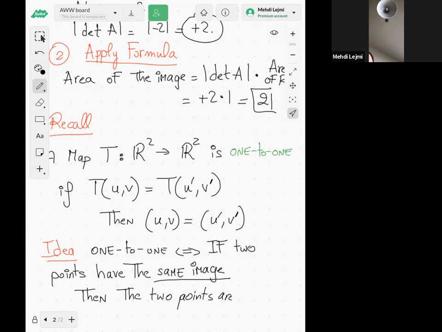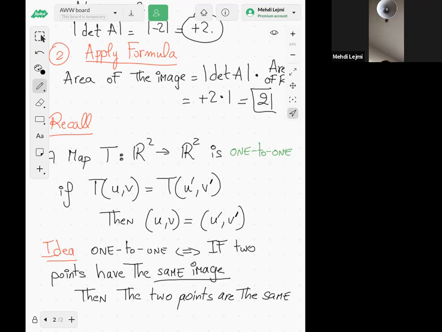Or in other words, two different points have two different images. Two different points cannot have the same image. So that's what I mean by one-to-one.